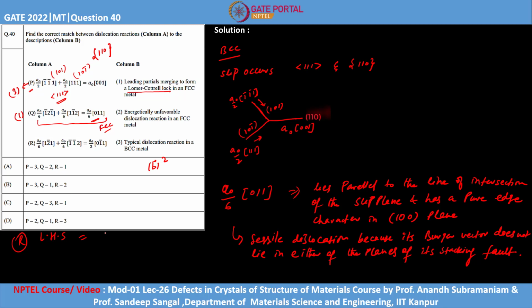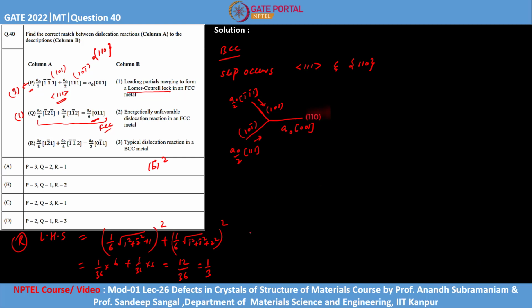So the magnitude will be (1/6 root of 1 square plus 2 bar square plus 1, the whole square) plus (1/6 root of 1 bar square plus 1 bar square plus 2 square, the whole square). If you solve this, you get 1/36 into 6 plus 1/36 into 6, so basically 12/36 or 1/3, right?